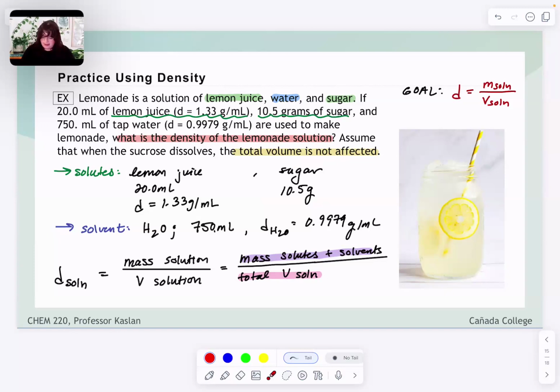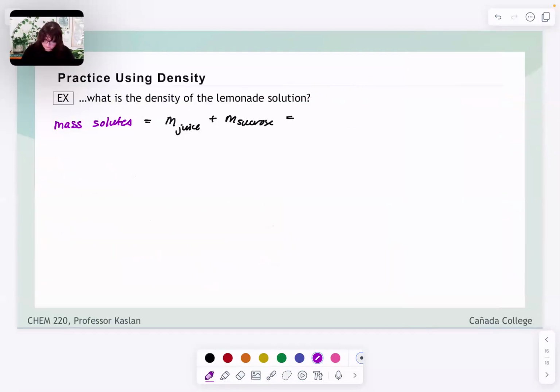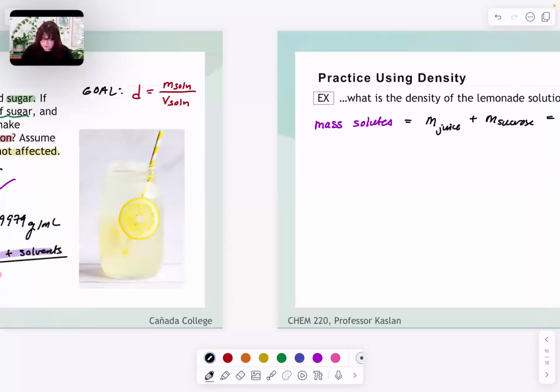I already have this. This was given to me in the problem. No conversion is necessary. So I have my 10.5 grams of sugar. And now I need to find the mass of my lemon juice.